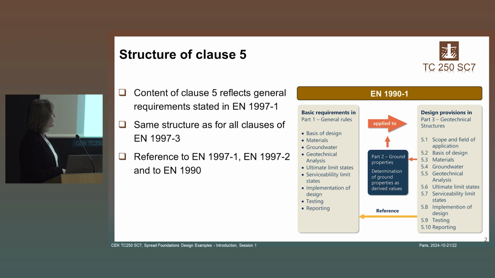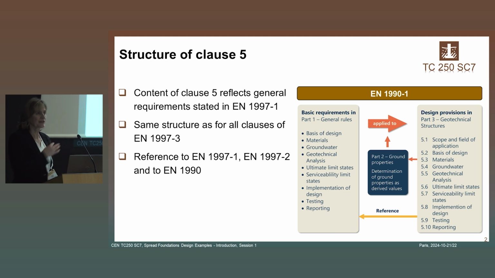But in general, as you can see here, clause 5, like all the other clauses in part 3, follows a certain structure, and they reflect the general contents that you have in part 1, with all the different contents you find again on the right side.